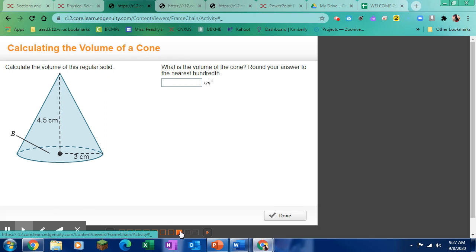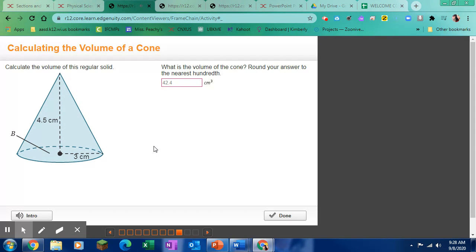Okay. Calculate the volume of the cone. This is pi r squared times the height divided by 3. So same thing we did before. So 3 squared is 9. 9 times pi times height divided by 3. Remember, you're hitting the equal sign in between all of these, by the way. I always do. Remember that the volume of a cone is equal to 1/3 base times height.